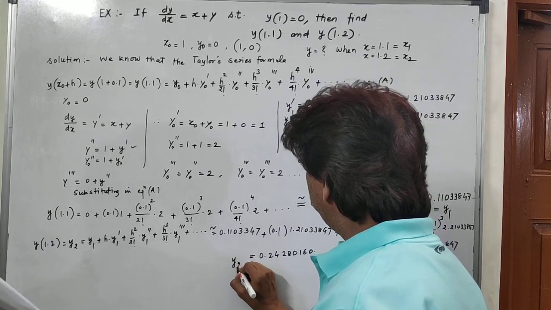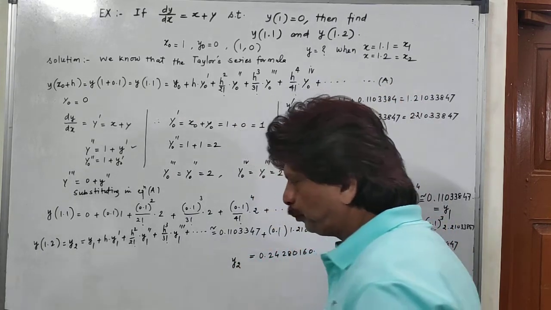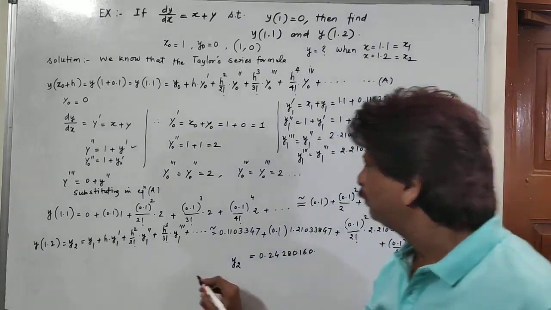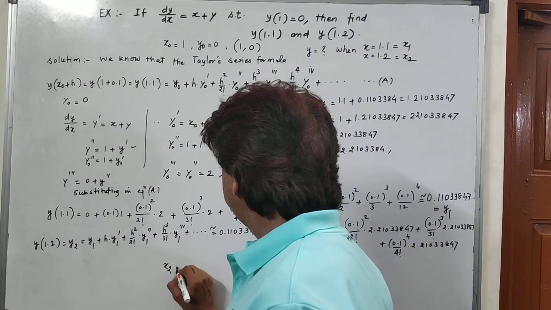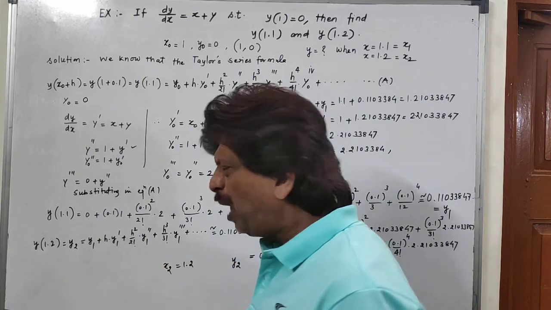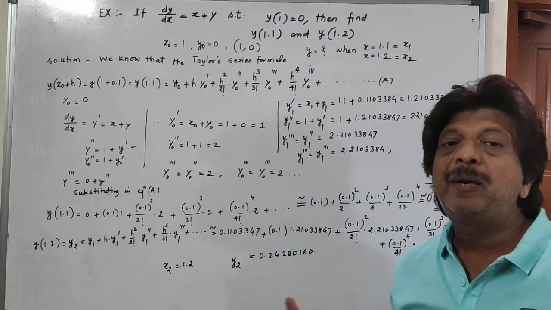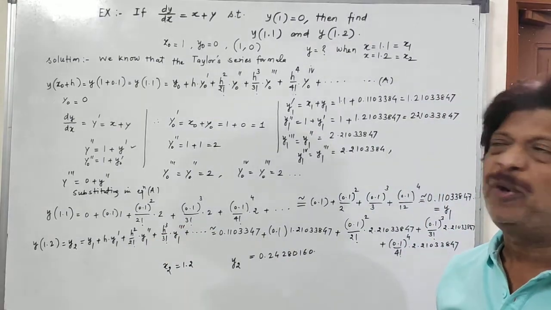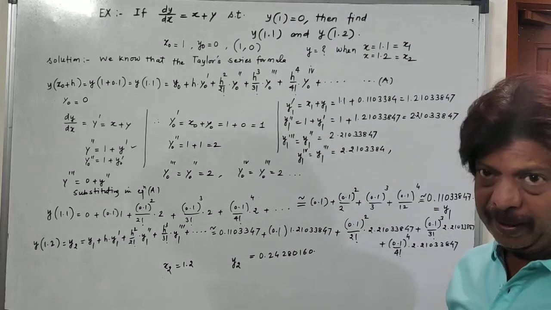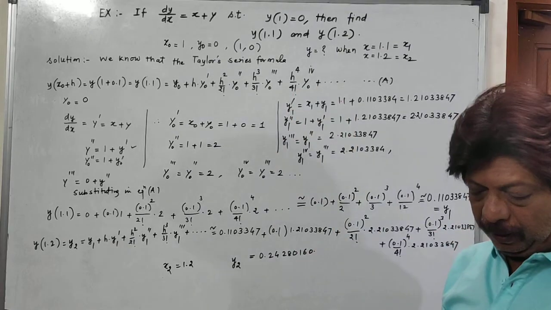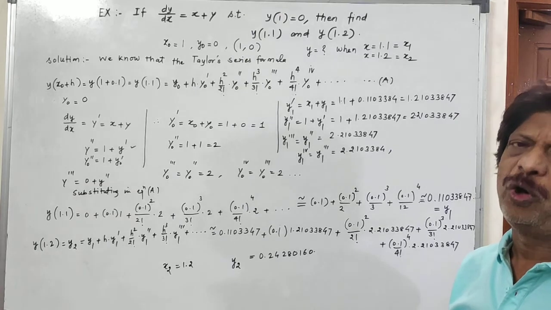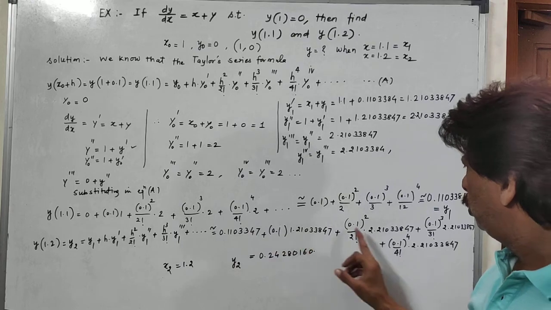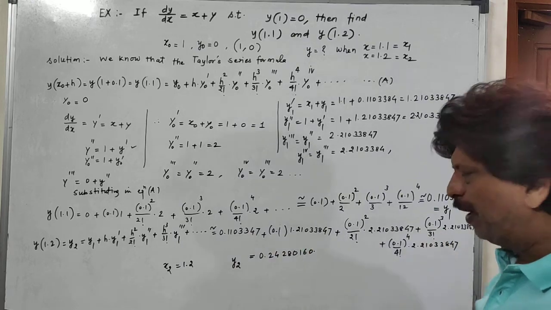This is y2. x2 is 1.2. Again using this value, you can determine y3 when x is 1.3, y4 when x is 1.4, successively using or approximating the Taylor series formula. I have added only 5 terms: 1, 2, 3, 4 and 5.